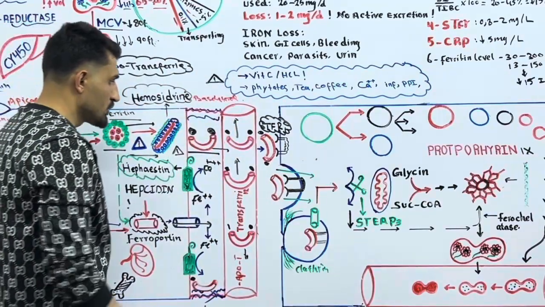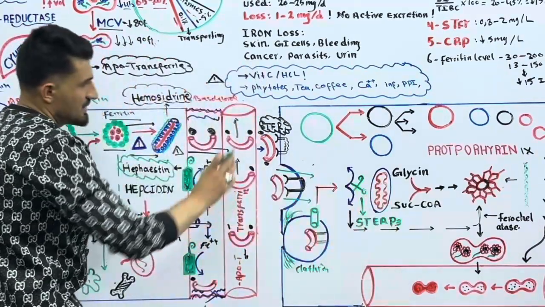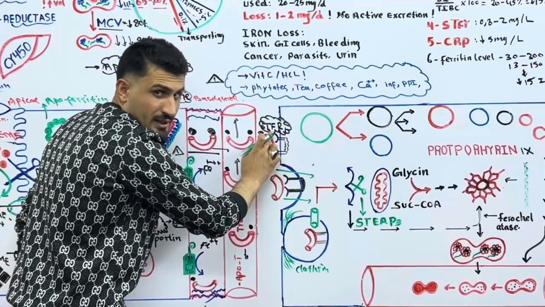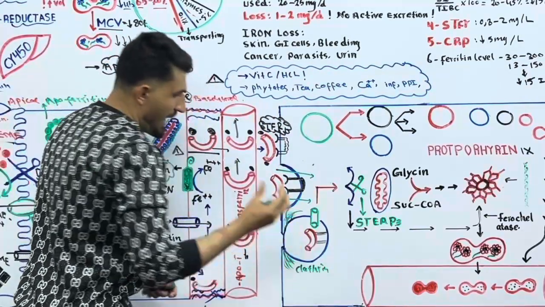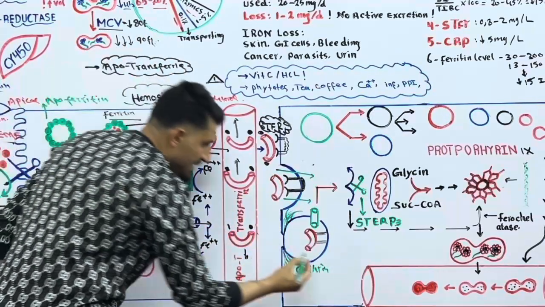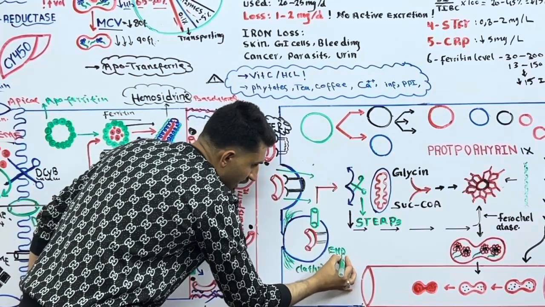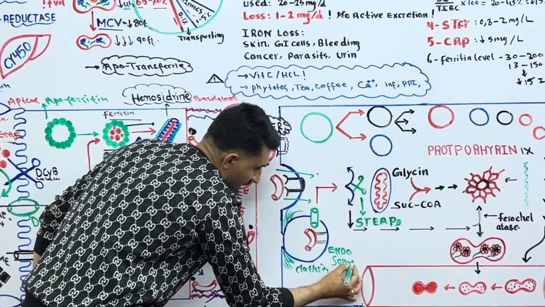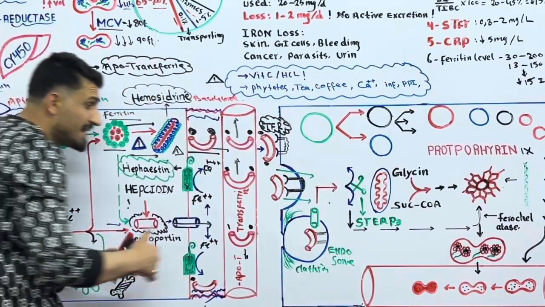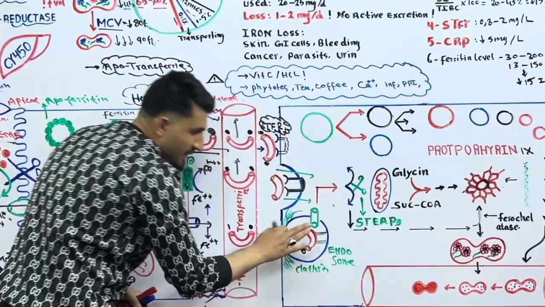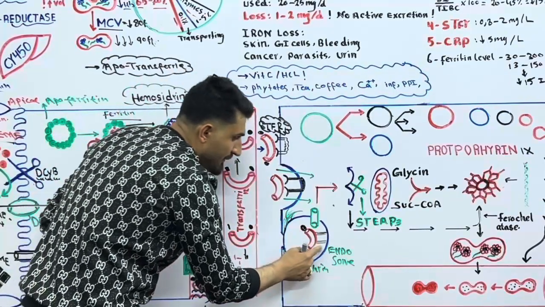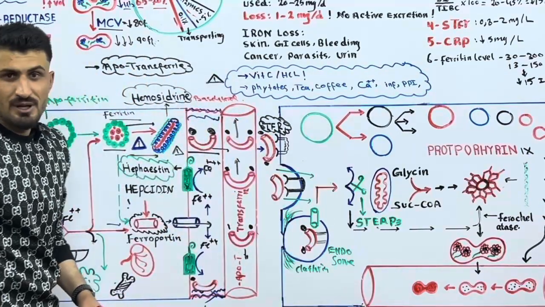So now, when we internalize this transferrin receptor plus transferrin, both of them, into a vesicle, this vesicle is called an endosome. Now, inside the endosome, we have transferrin plus transferrin receptor type 1.